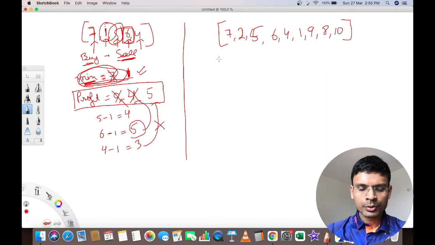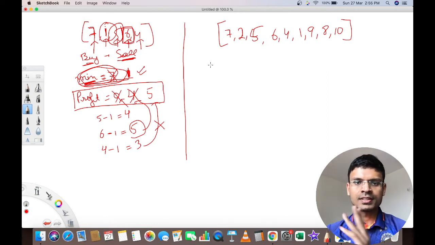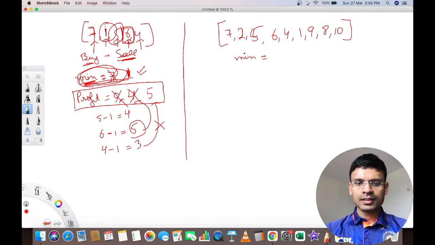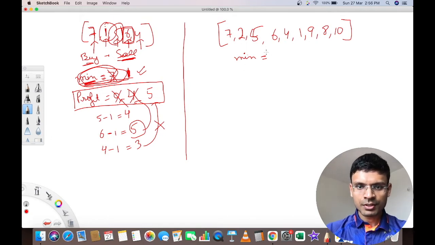I had told you that we are going to maintain two variables. One is the min value, which is the minimum value of the stock that we have encountered till now. It will be initialized to the first array element, and the other variable is called profit, which will be initialized to 0. We were at this index, we updated the min value, now we reached this 2.